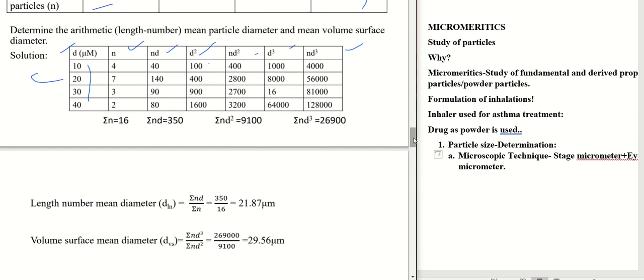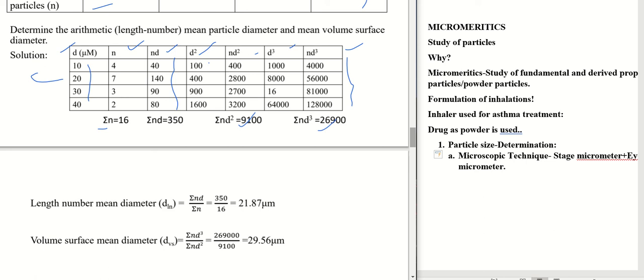Whenever we come across sigma, it represents the summation. Sigma n represents the summation of all the values, 4 plus 7 plus 3 plus 2. Sigma nd represents the summation of all these values. Similarly, sigma nd square and sigma nd cube are the summations of all these values.